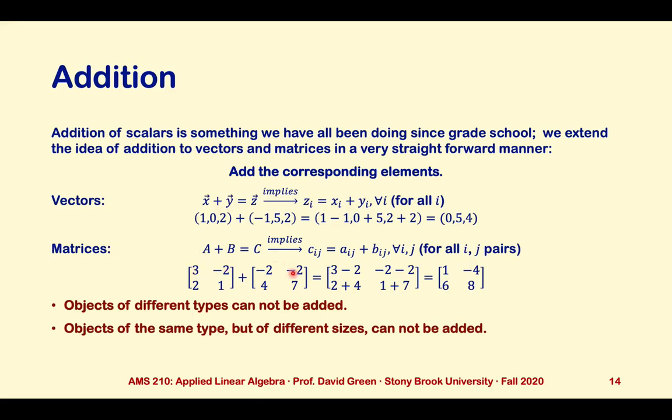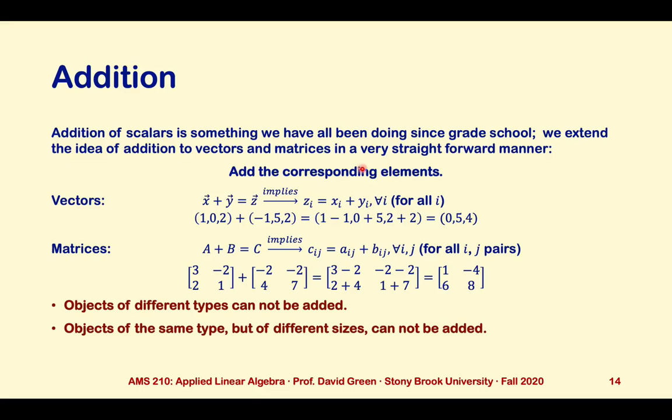Negative 2 plus negative 2 is negative 4 for the 1, 2 element. In the second row, we have 2 plus 4 for the first column, or 6, and 1 plus 7, or 8, for the second row, second column.